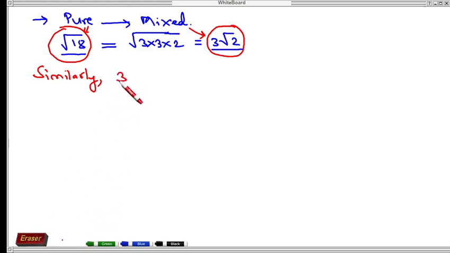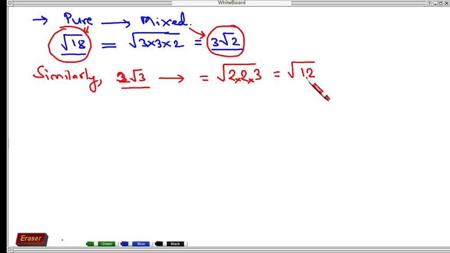We have been given 2 root 3, this is a mixed surd. Then how to convert this into a pure surd, that is the question. In this case you can write 2 root 3 equal to root under 2 times 3. As the root 2 means power 2, the order is 2 and this power 2 can be cancelled and we take 2 out. If we need to put it in, we need two 2's, so now you have to multiply 2 times 2 times 3, which is 12. This is a mixed surd, and this is a pure surd.